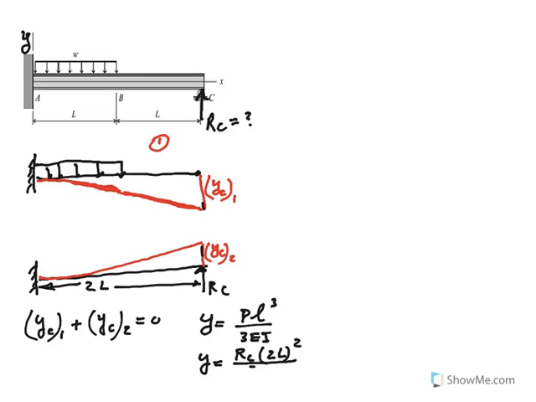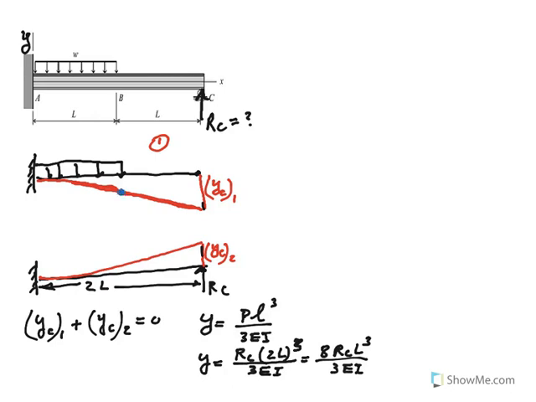I think this is where most people made their mistakes, if I'm not wrong. I haven't graded the quiz yet. So this becomes, as you could see, this is cubed, by the way. It's late at night, 10:15 right now. So 8RCL cubed over 3EI. Okay, so this one was easy, with the exception that you had to be careful with the 2L.